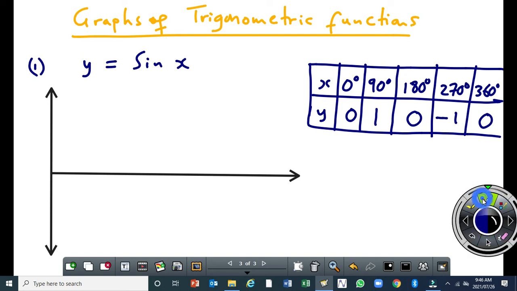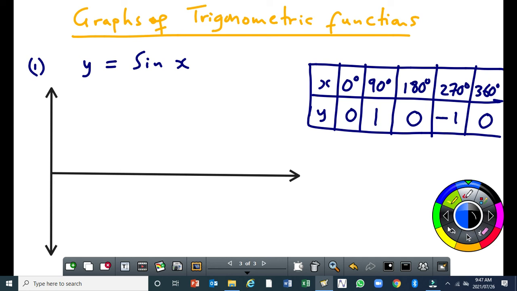so let me calibrate it. All right, let me put 180 degrees here. You must use the ruler.